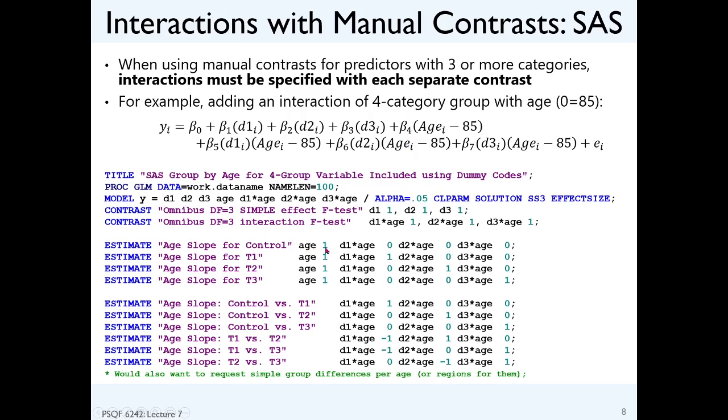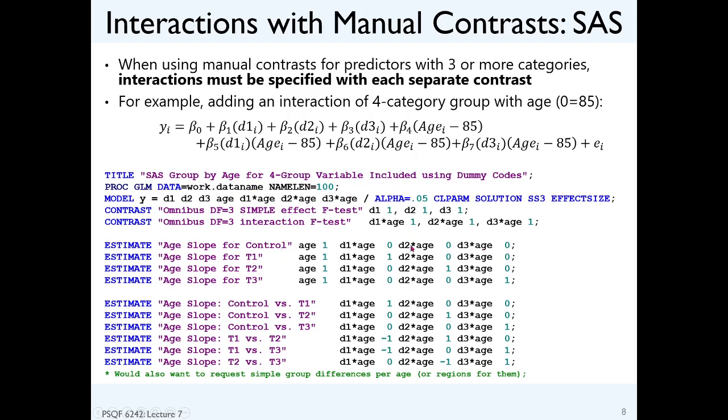I need one of those at a minimum. D1 times age refers to what beta 5 is going to be, and the value that goes after it is the value for the moderator, because age is the slope we're interested in. So 0 would be what I have to fill in for D1 if I'm talking about the control group. Likewise, I would fill in 0 for D2 and 0 for D3 because that is the coding scheme that I used for the control group.